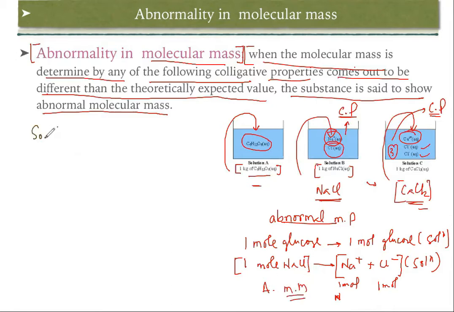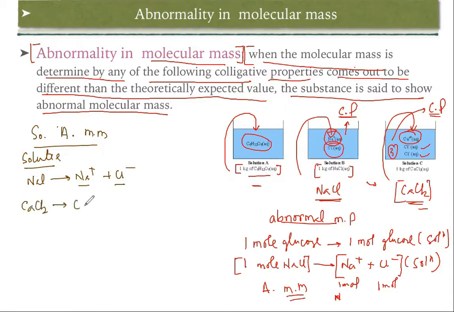Okay, so this abnormal molecular mass will depend upon the type of solute that you are using. So for example, NaCl will give Na plus and Cl minus. That means 2 moles of ions will be in the solution. You can think of CaCl2.